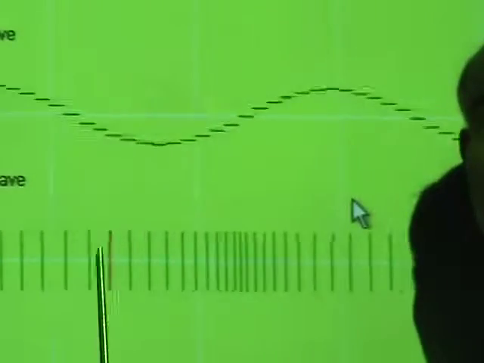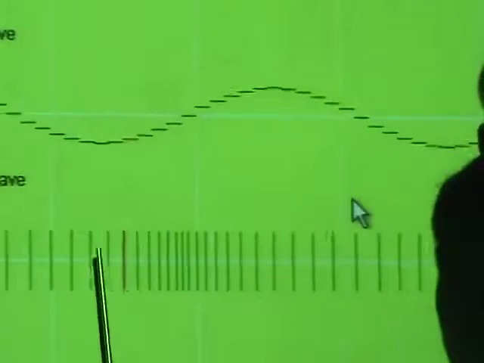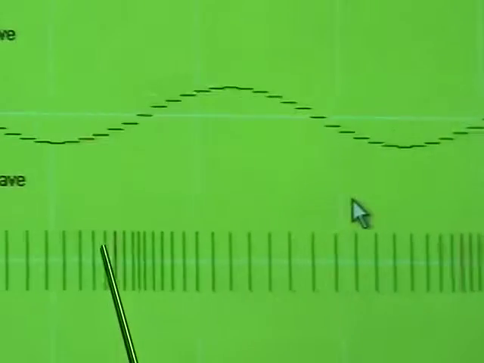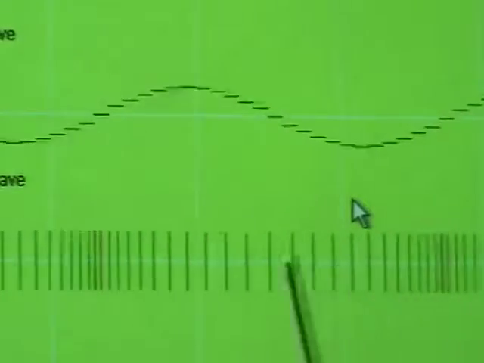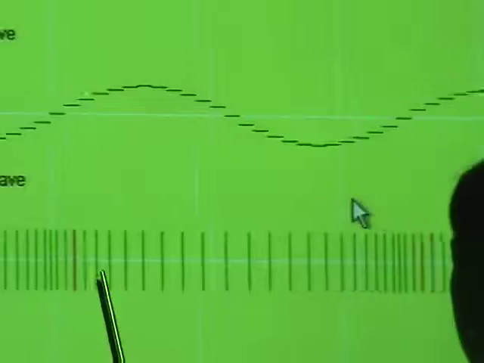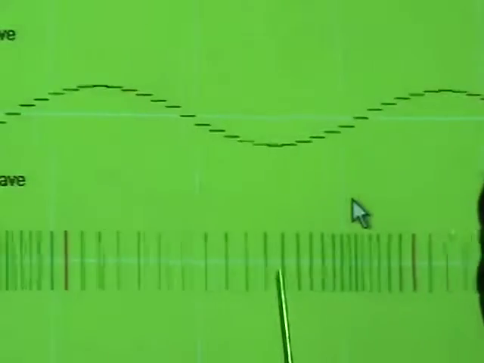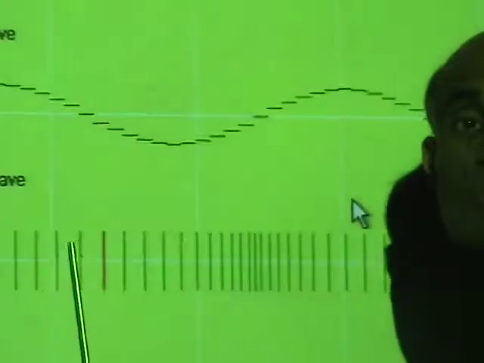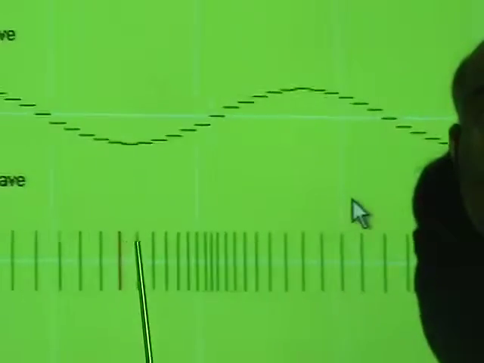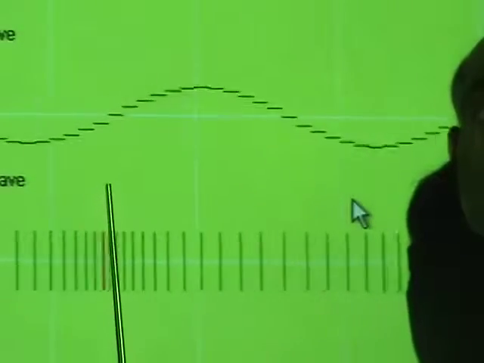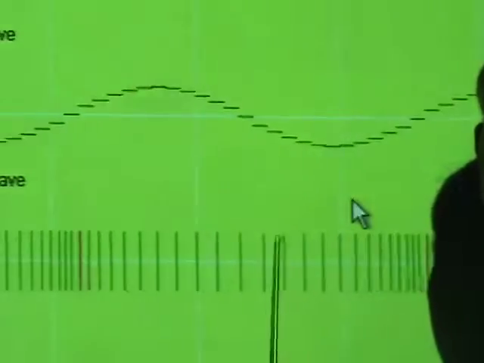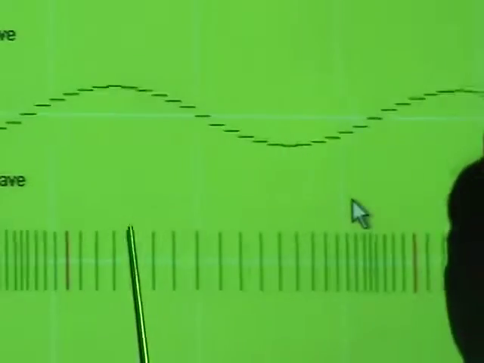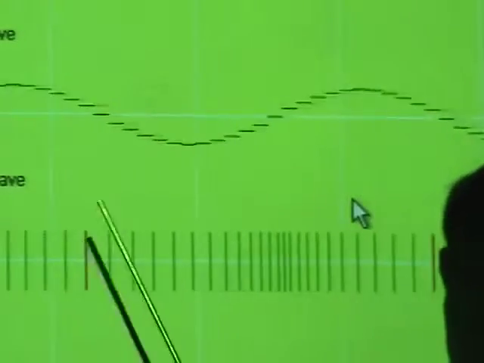When it is moving to the right, it forms a region of high density. You can see high density and low density regions moving through the medium. The particles simply vibrate back and forth. I want you to understand, when a particle moves to the right, it is in a region of high density; when it moves to the left, it is in a region of low density.